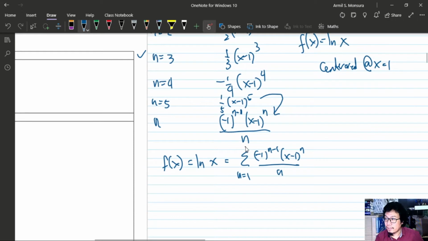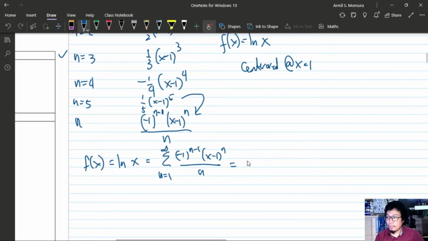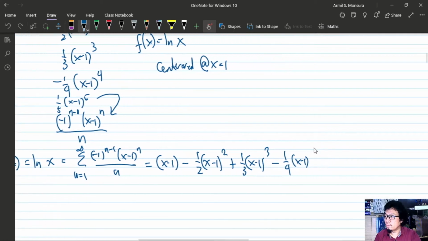And then we will add an infinite number of terms of that, which will give us the expansion: x minus 1, minus 1/2 x minus 1 squared, plus 1/3 x minus 1 cubed, minus 1/4 x minus 1 raised to 4, plus 1/5 x minus 1 raised to 5.